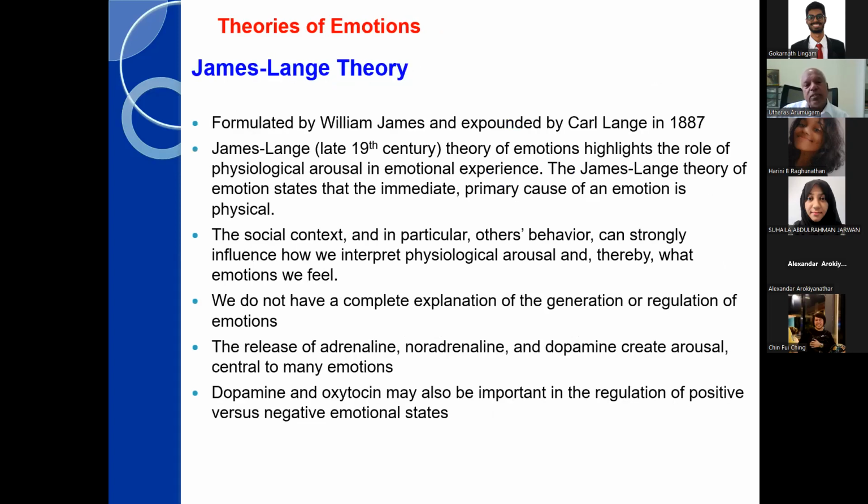Okay. Now we'll just cover a couple of the old theories. I don't need you to understand this fully, but just to be aware that, even in 1887, people like James Lange had a theory about emotion, who basically emphasized the importance of physiology in emotion.